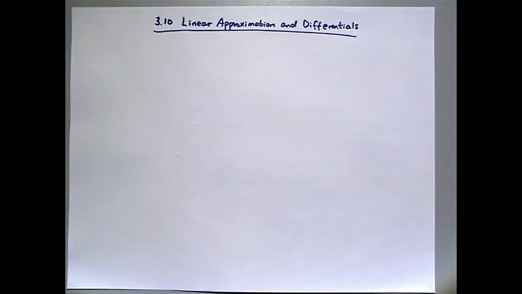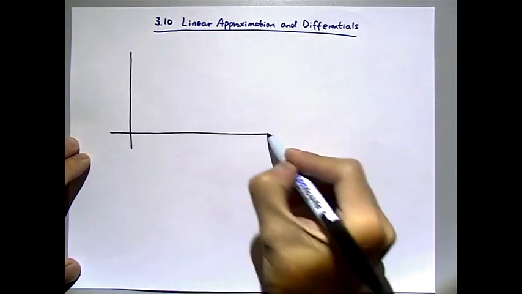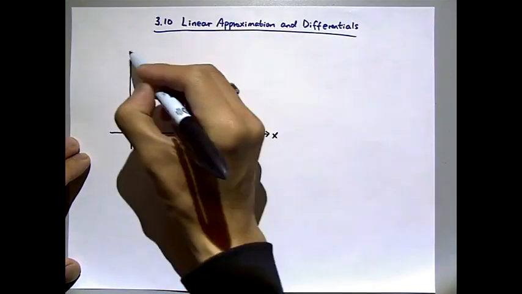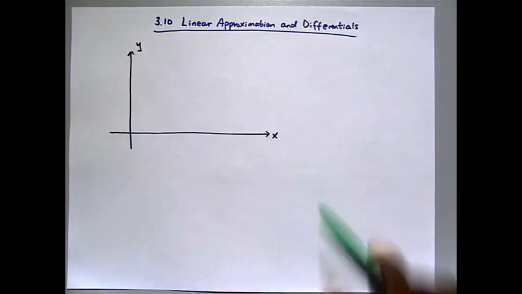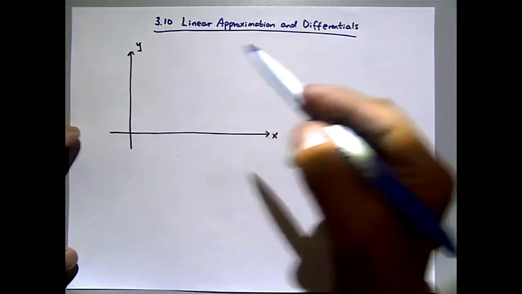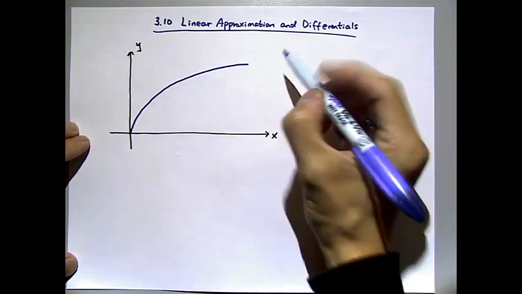Okay, I'm going to start by sketching a graph of a function. Just some random function. Let's have it look something like this.